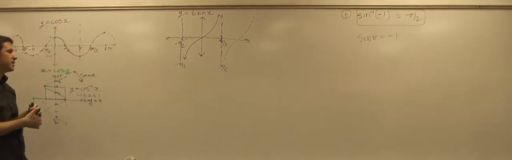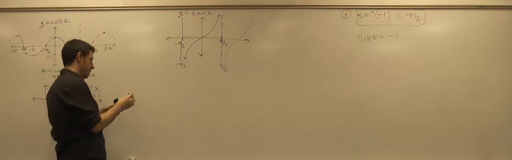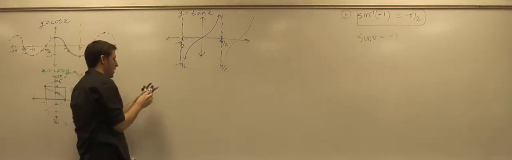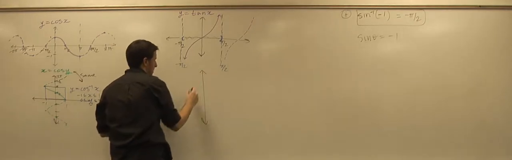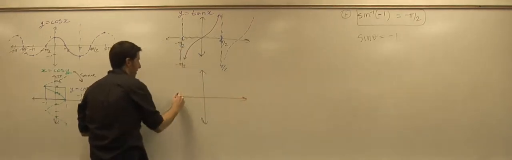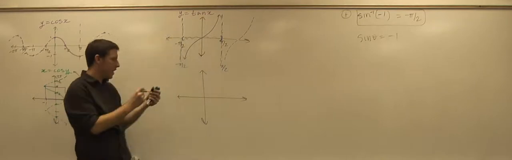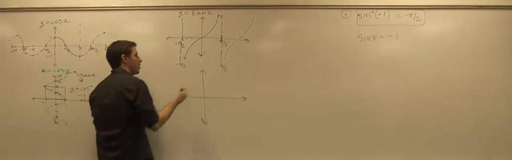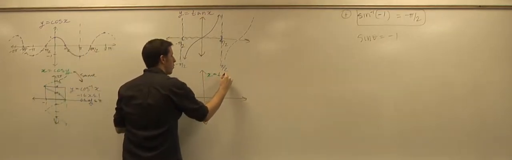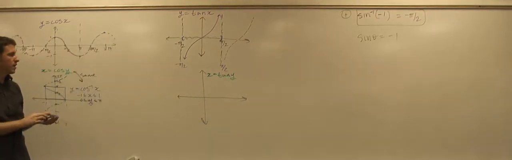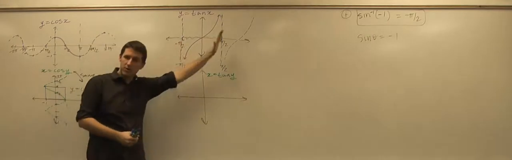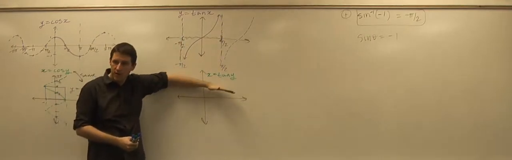And what do you think that's going to do to the graph? Right, if we switch x and y here, what happens? What's the graph look like? Any idea? Sideways snake, right? So if you switch x and y, and you want to talk about the equation x equals tan y instead, which is what the inverse function is going to do, then these vertical asymptotes are going to become horizontal asymptotes, right?